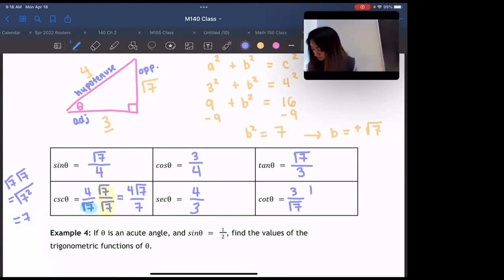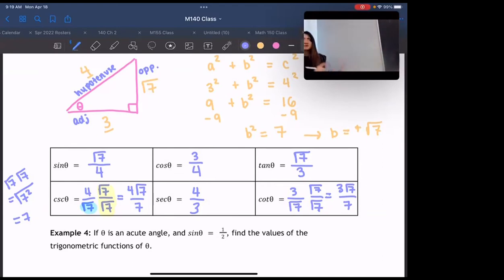We can multiply by the square root of 7 over the square root of 7. Multiplying across the top, we get 3 square roots of 7. Multiplying across the bottom, the square root of something times the square root of the same thing is the thing on the inside. So just 7. Any questions on how I got these values?